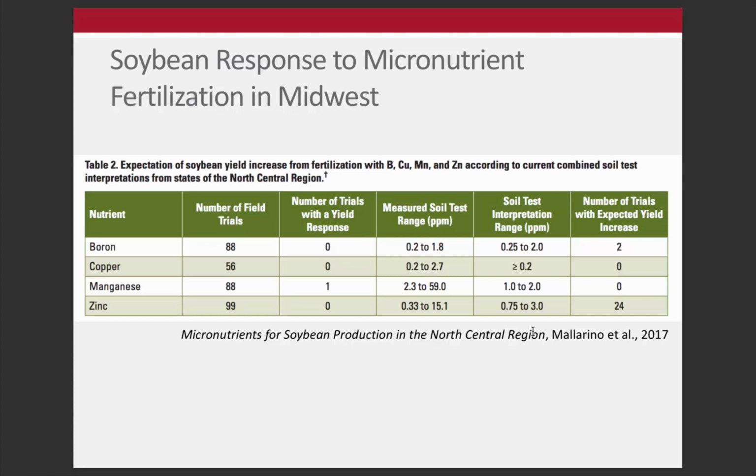And it just builds this body of evidence that widespread micronutrient deficiency is not a problem. And if we want to optimize agronomic practices, we're not going to need to fertilize every field with micronutrients to make that happen.